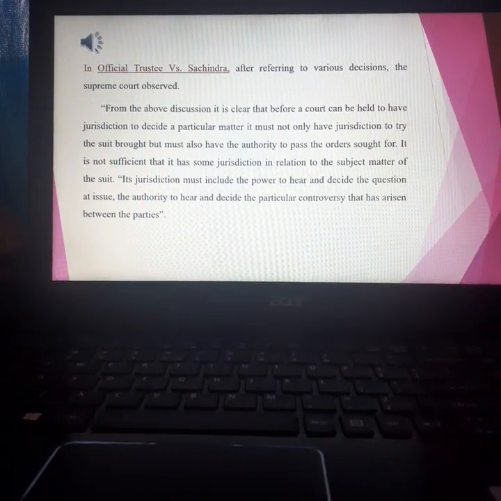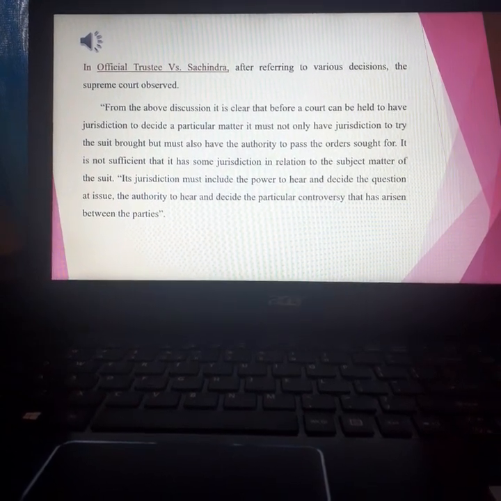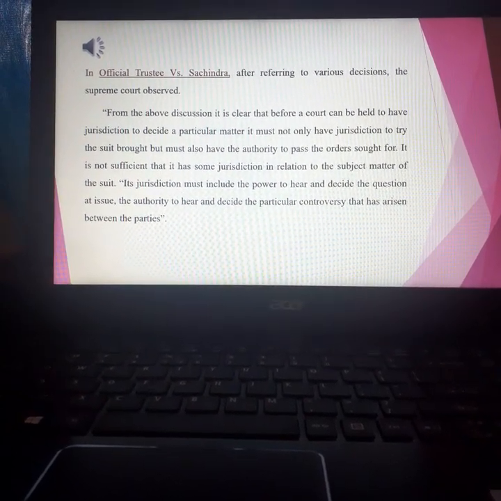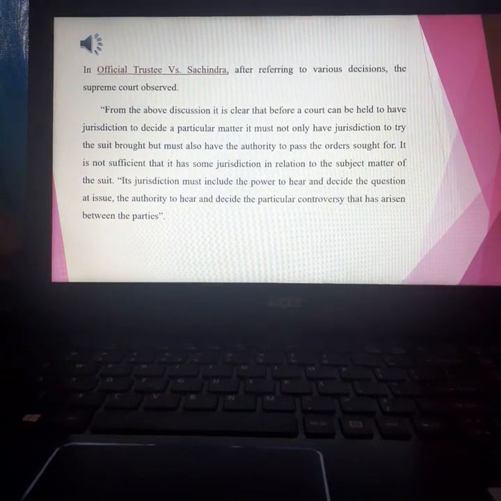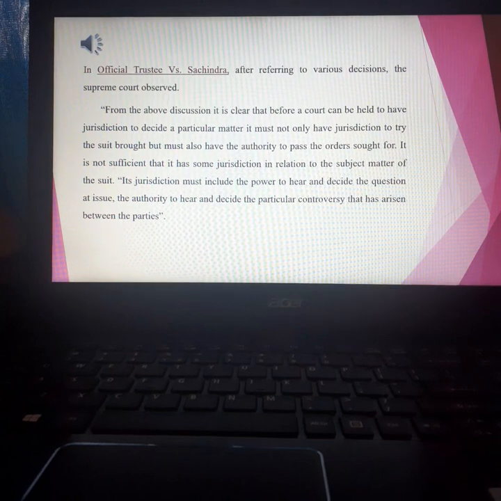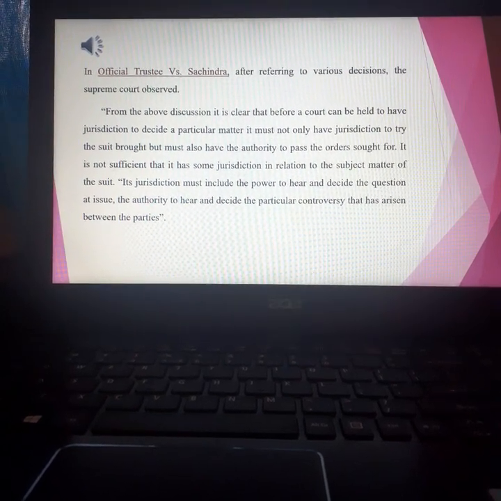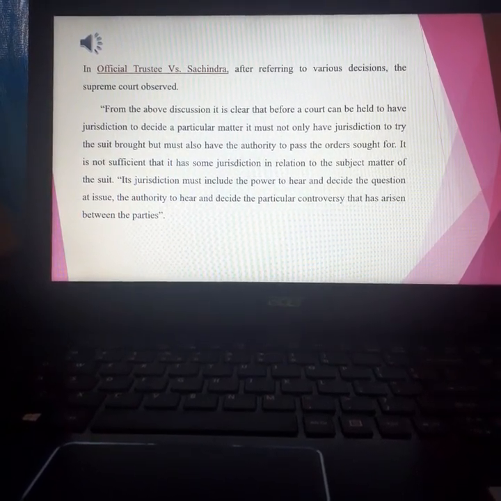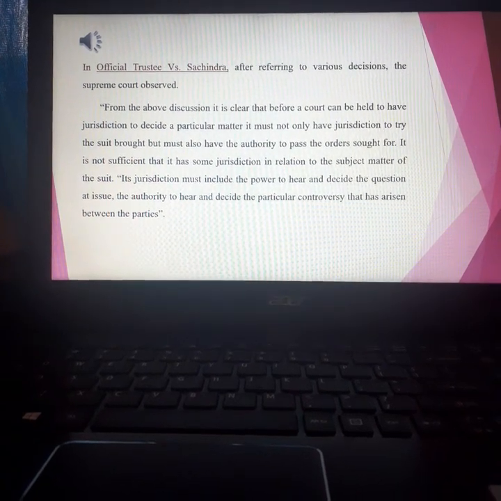It is not sufficient that it has some jurisdiction in relation to the subject matter of the suit. Its jurisdiction must include the power to hear and decide the question at issue, the authority to hear and decide the particular controversy that has arisen between the parties.